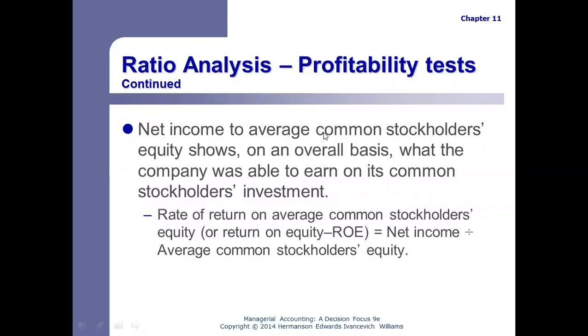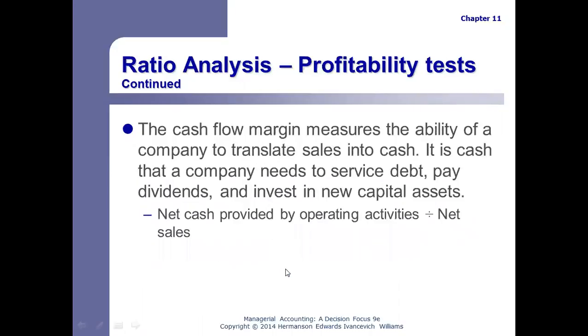This ratio measures how well a company is using what the stockholders put into the company to generate net income. It's often called return on equity, ROE. Again, net income divided by your average common stockholders' equity. And when you see average, that's beginning of the year plus end of the year, added together and divided by 2. This is a ratio that measures how profitable a company is.